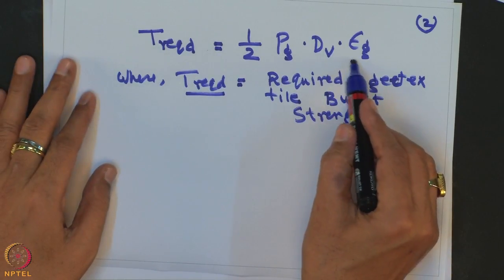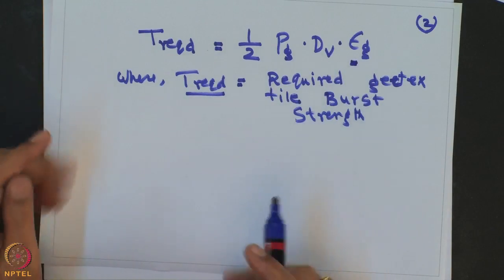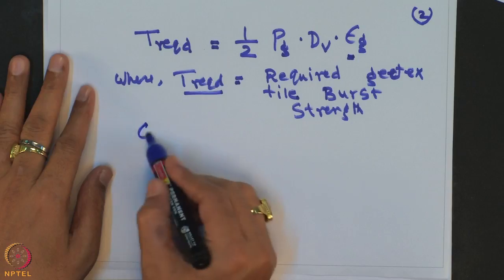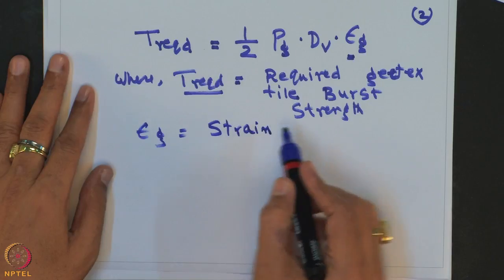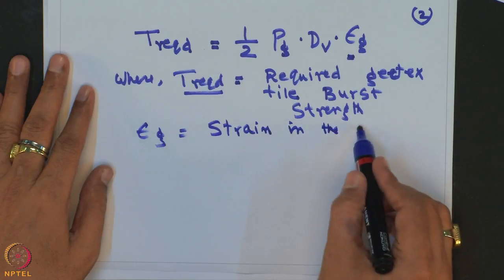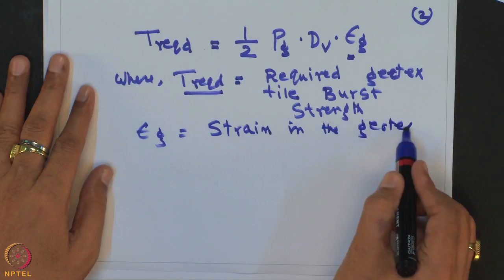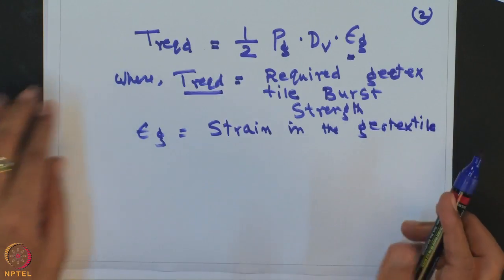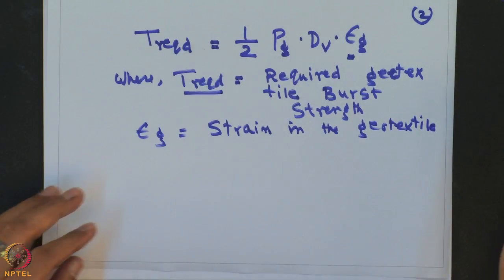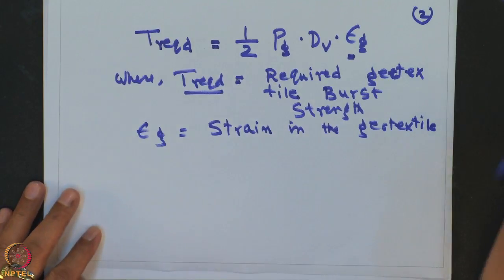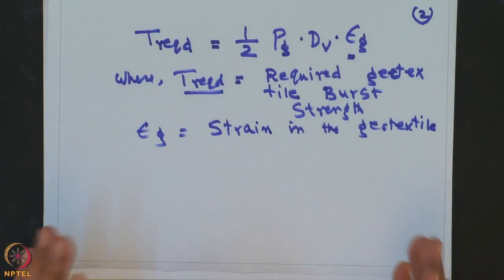Now, this epsilon g is strain in the geotextile, and it depends on the width of the void and also deformation of the void.